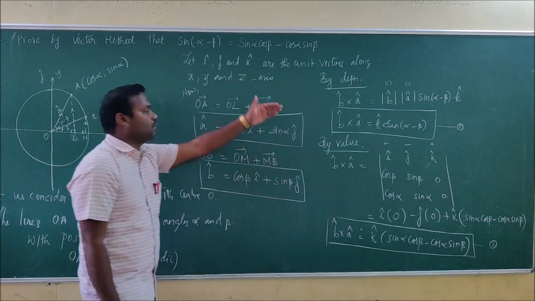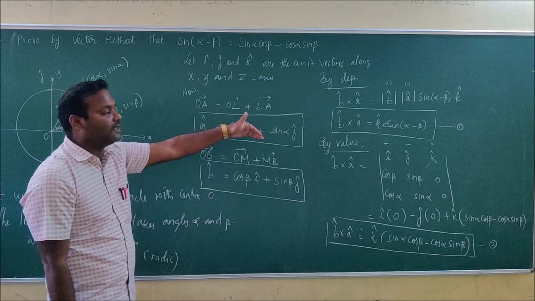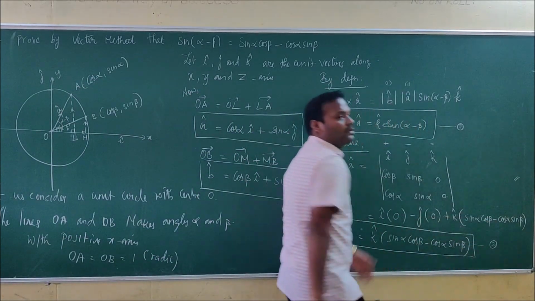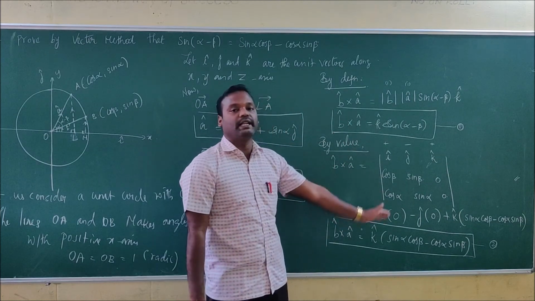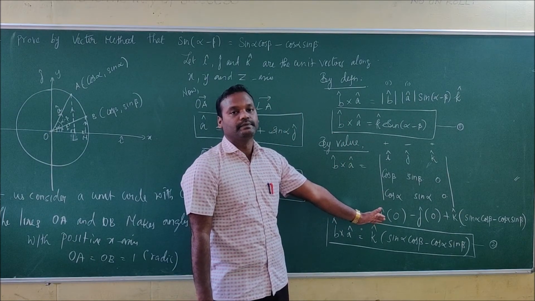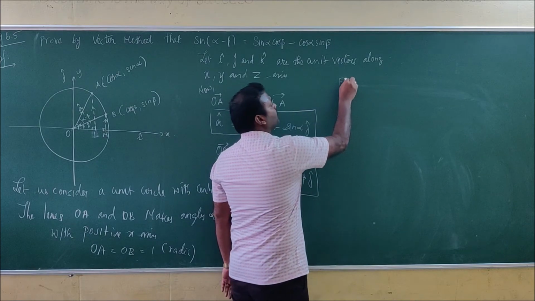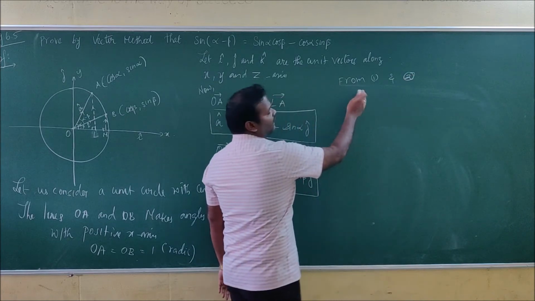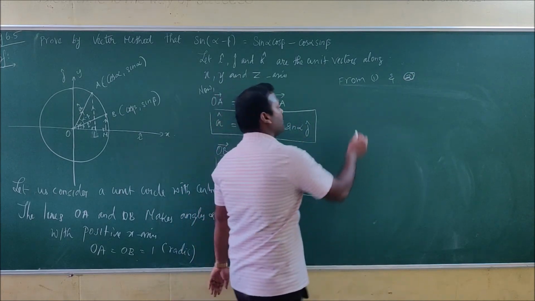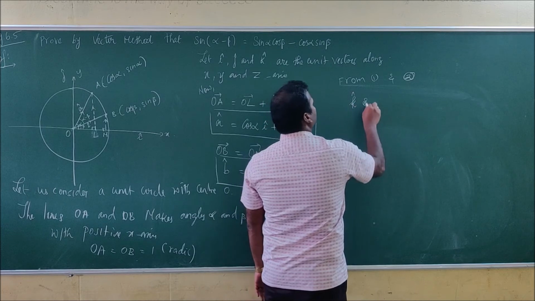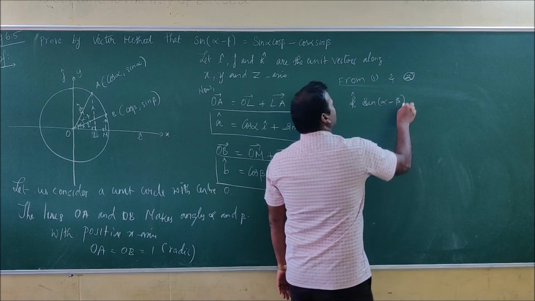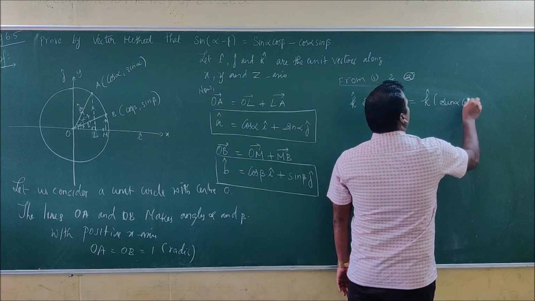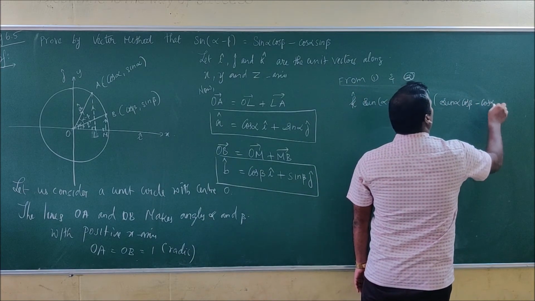Next we are going to compare equations 1 and 2. From 1 and 2, the left sides are equal, so the right sides are going to be equal. So k cap into sin alpha minus beta is equal to k cap into sin alpha cos beta minus cos alpha sin beta.